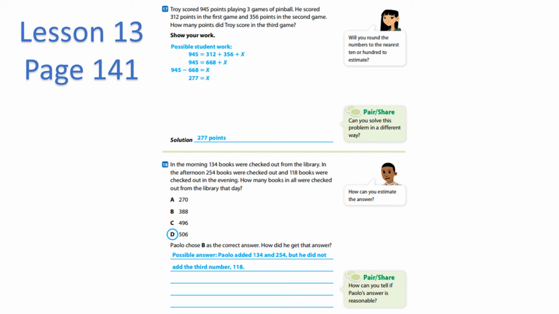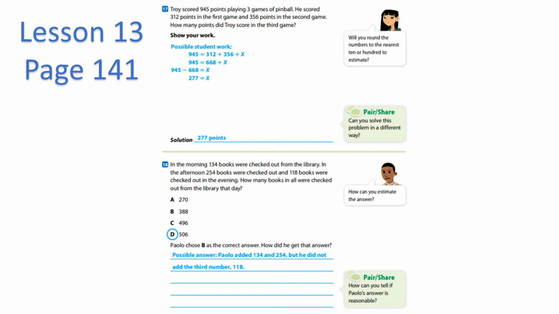So that's why our X in the solution, when they show 277 points, that's where we have solved for X. The 277 equals the missing number of points. So that is the number of points Troy scored in the third game. Again, remember, we can always check our answer by adding. And if we added 312 plus 356 plus 277, we would get back to his total of 945 points.